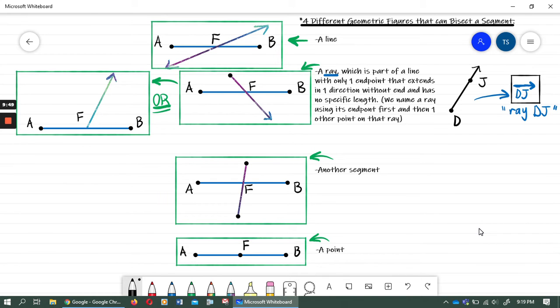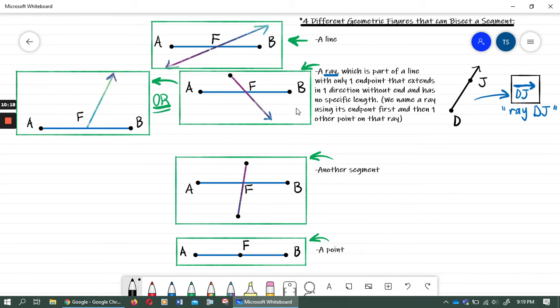Okay, so if you look here at these figures or little diagrams that I have here, you see a line that looks like it's going through a segment AB. You see a ray that looks like it's going through or intersecting that segment AB.